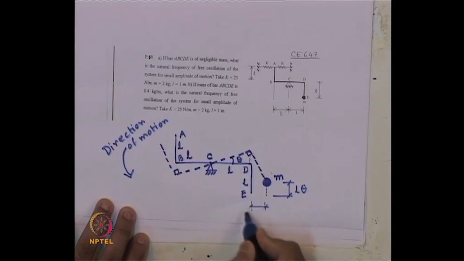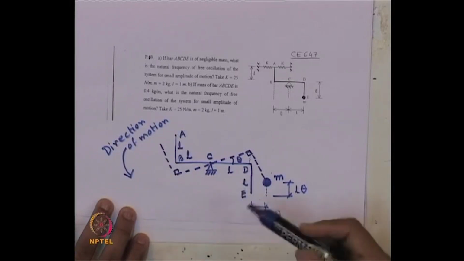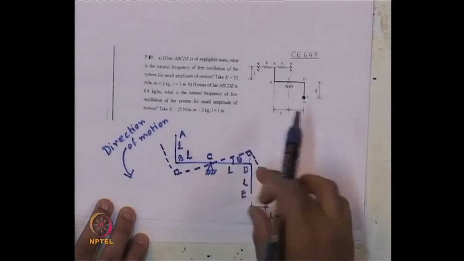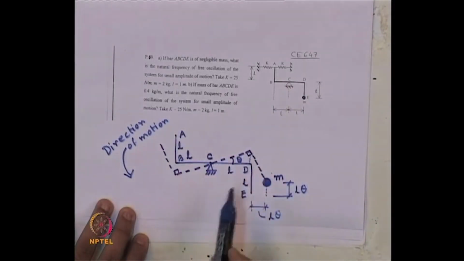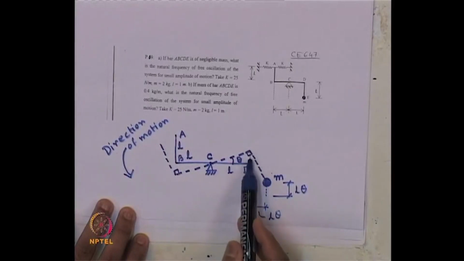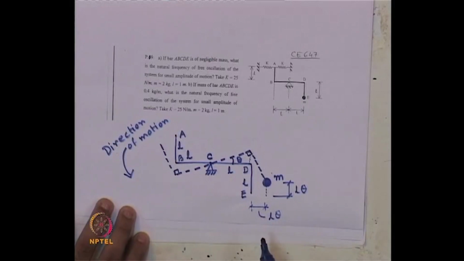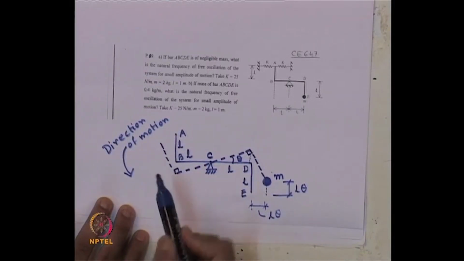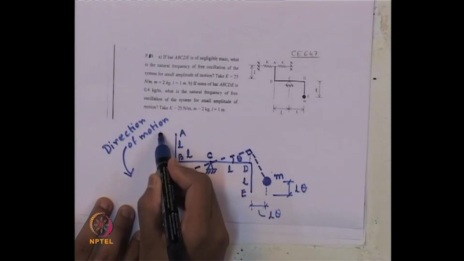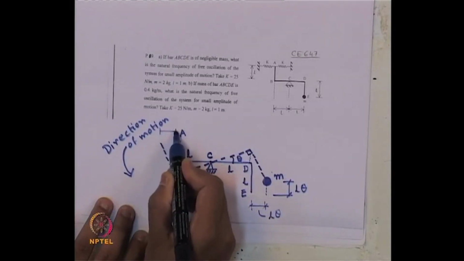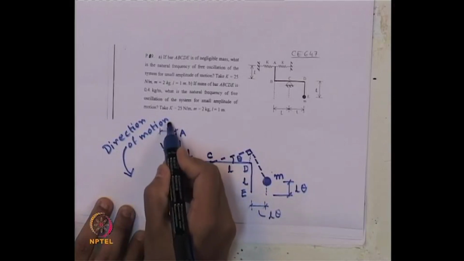It has moved horizontally by again L theta, because these dimensions are L. So, the vertical distance is L theta, and the horizontal distance is L theta. And at this point, the horizontal movement of the spring is also L theta.